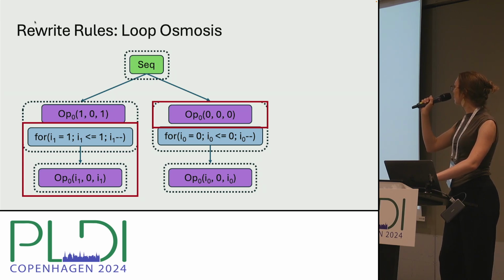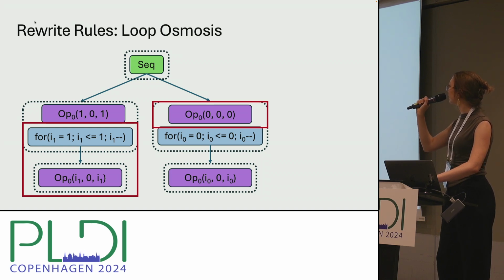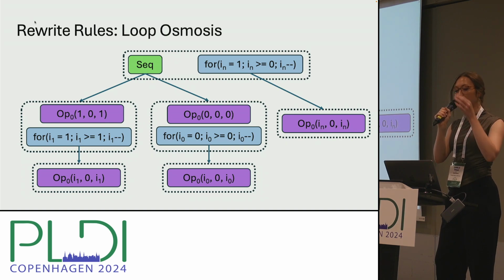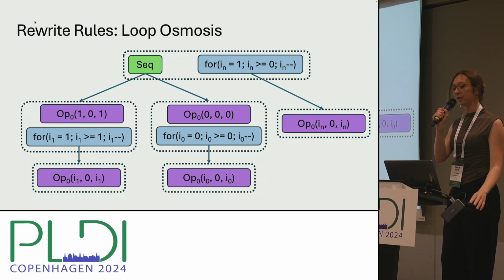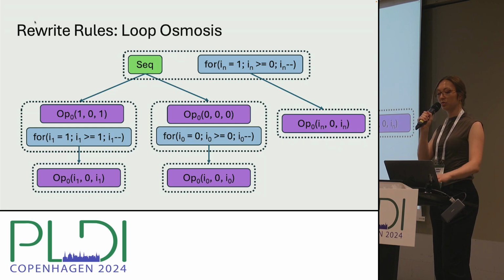So the only difference is that we need to start I one index earlier. And so then we end up with this rewrite. So it's applied to the sequence operator, and it creates a new enode in that E class, which is a for loop over those two sequential operations.